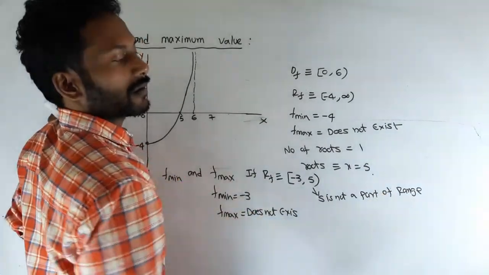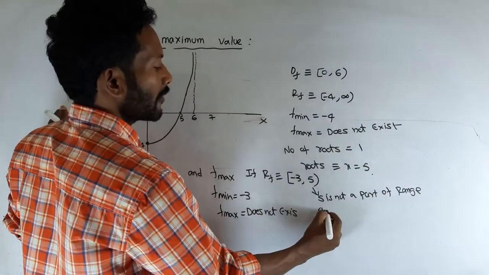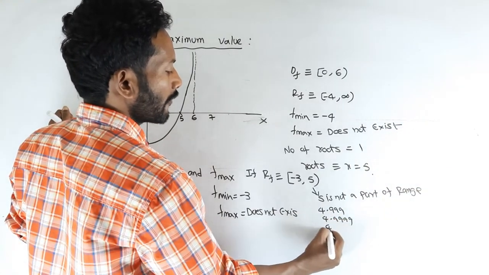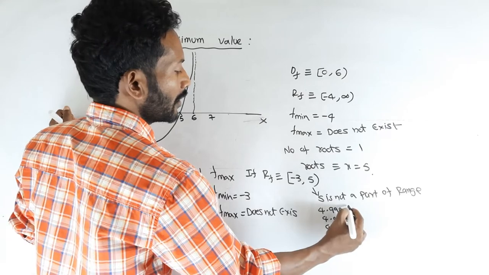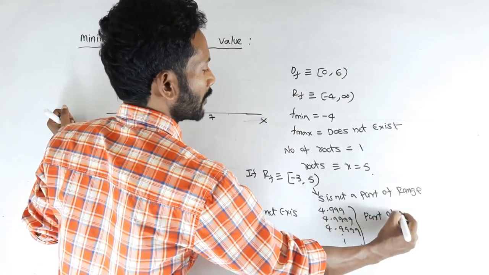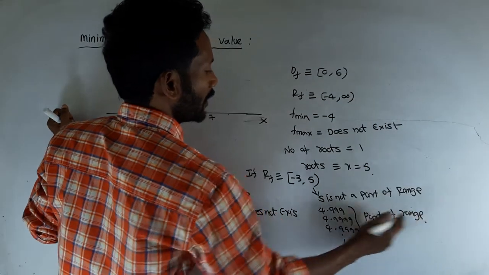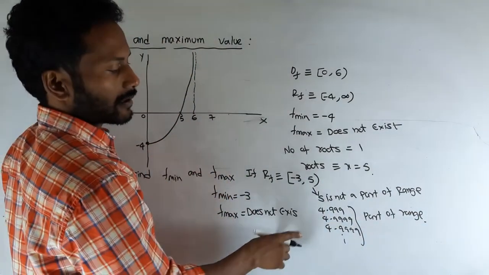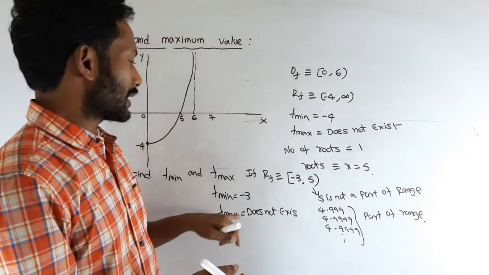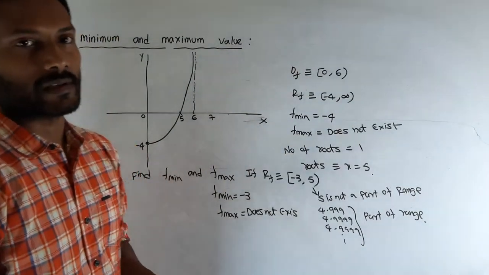What is a part of the range? 4.999, 4.99999, 4.9999 and so on. Those are part of the range. So 5 is not a part of the range, 4.99999 is a part of the range. So that's why F maximum does not exist.